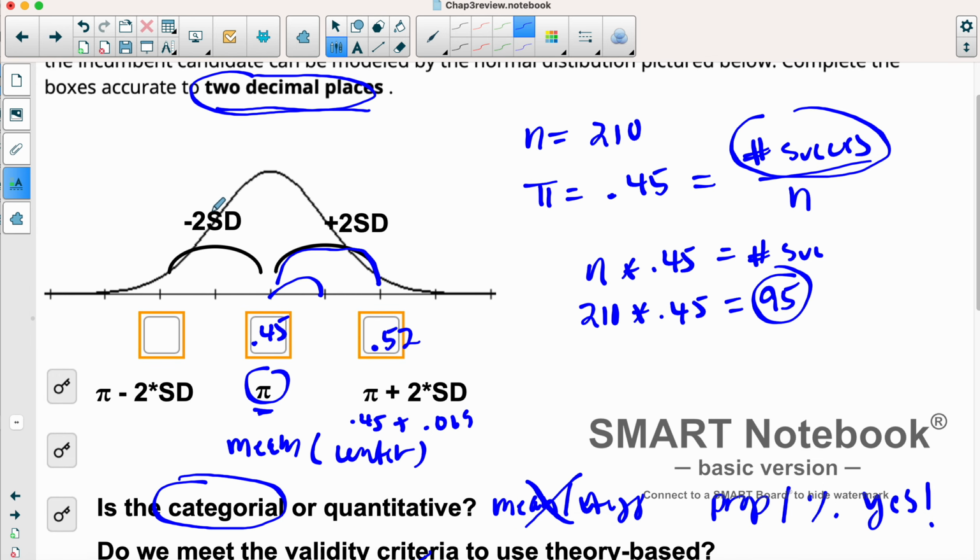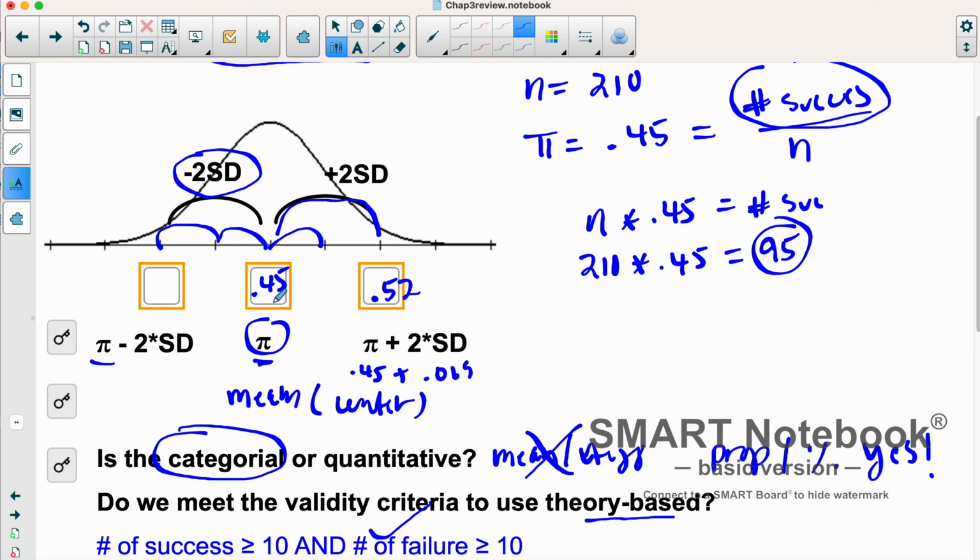Below the mean is subtracting 2 standard deviations. We take pi, the center, 0.45, minus 0.069, which gives us 0.38.